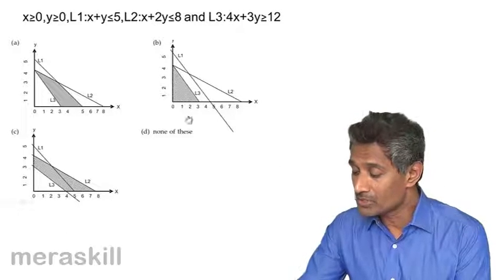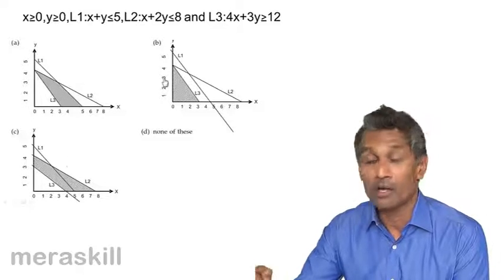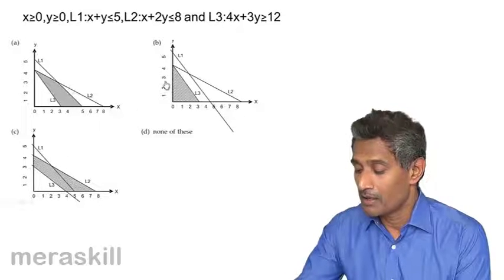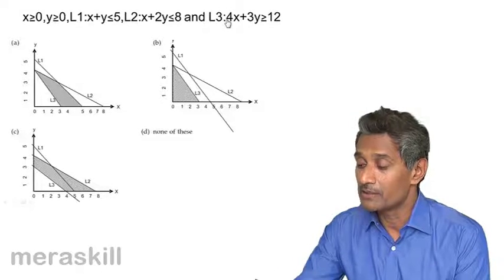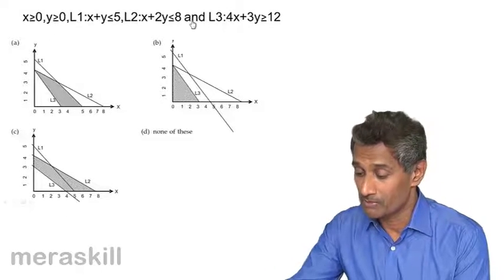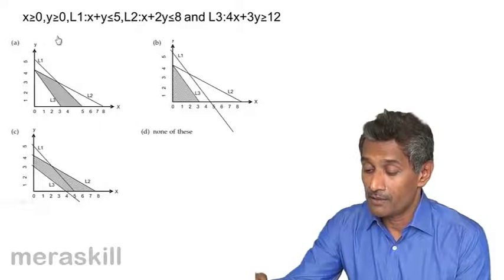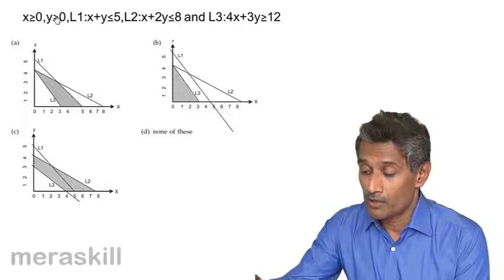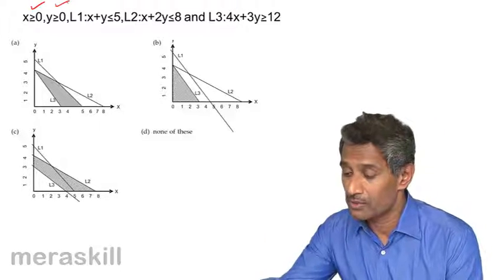We need to decide among these 3 graphs, which among these 3 represents this particular combination. Obviously, all of them are true for x greater than 0, y is greater than 0.